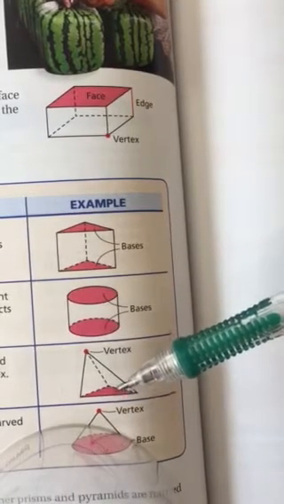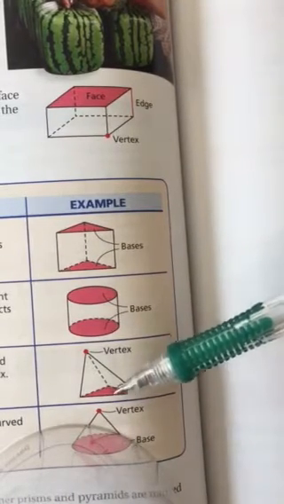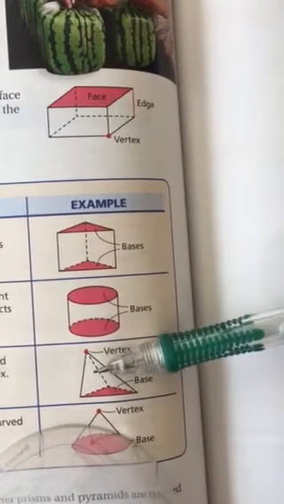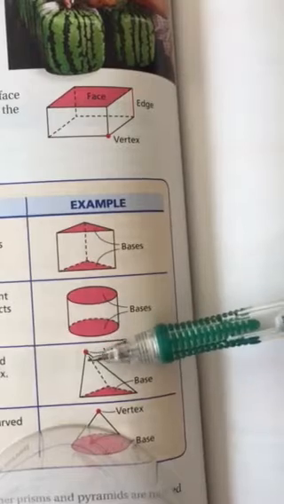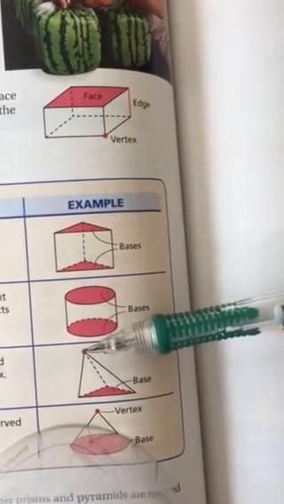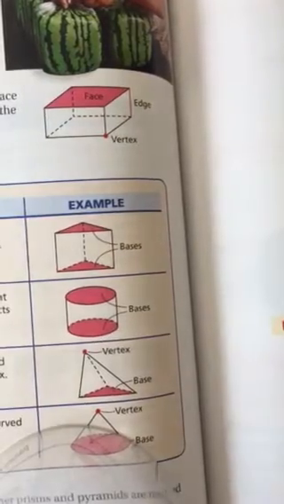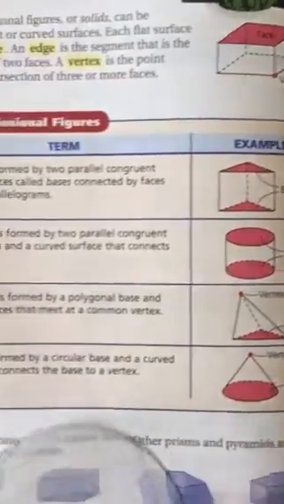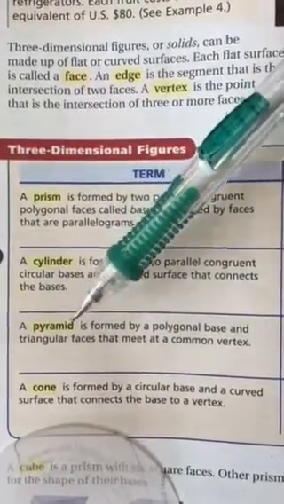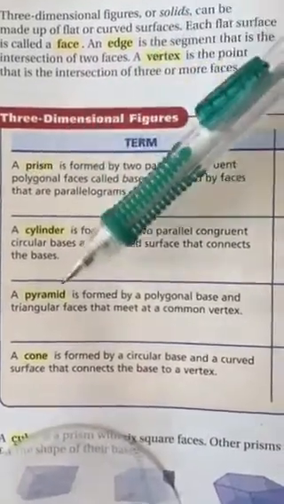So however many sides that polygonal base has, that's how many triangular sides we're going to have. And you can see in this case we have three triangular sides that meet at a common vertex. So there's not a base on top. These all come to a point or a common vertex on top, like the ancient Egyptian pyramids that we associate with the word pyramid. And lastly, a cone.